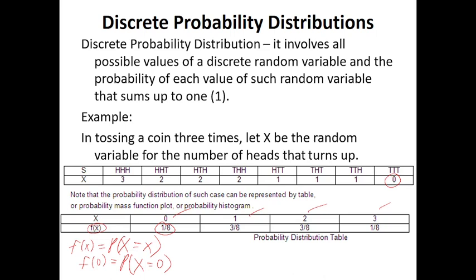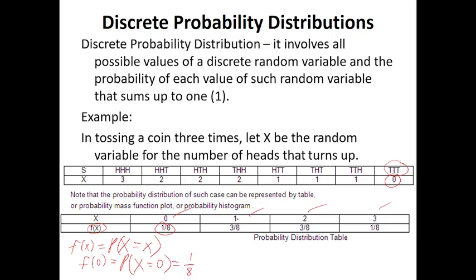And there's only one outcome out of 8, right? That has a 0 value. So in that case, 1 out of 8 is the probability that the random variable x is equal to 0. So this is 1 over 8.